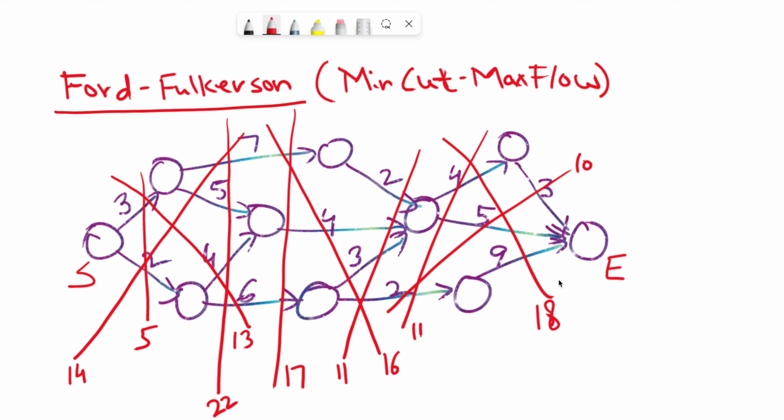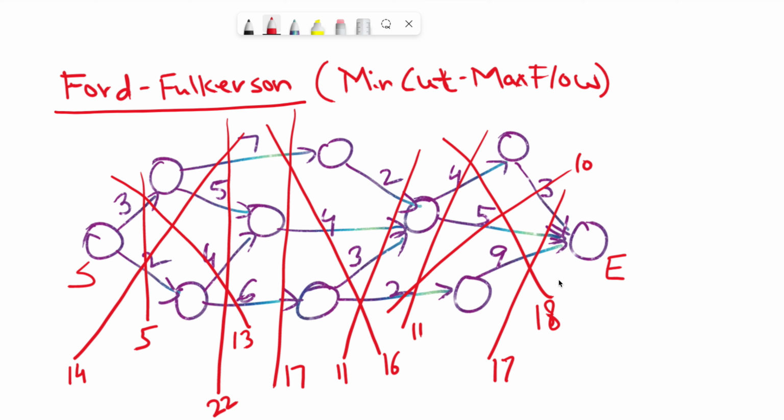All right. And finally, we got this one here, which is 8 and 9. So that makes for 17. All right. So I believe this is all of our cuts between this particular starting point and ending point.